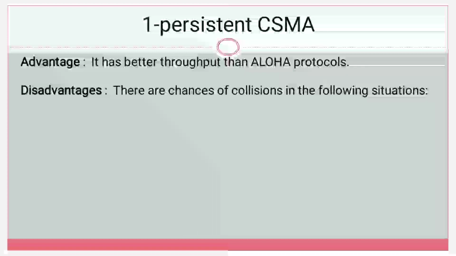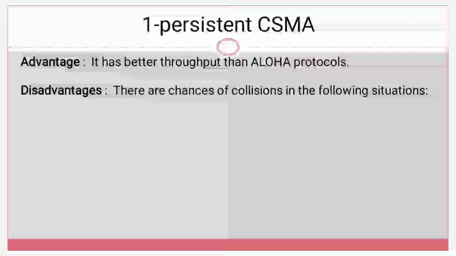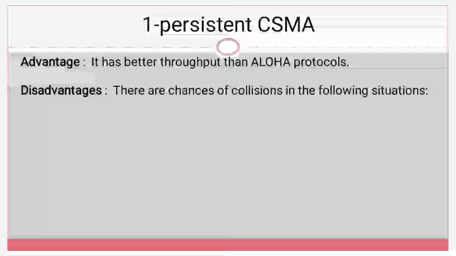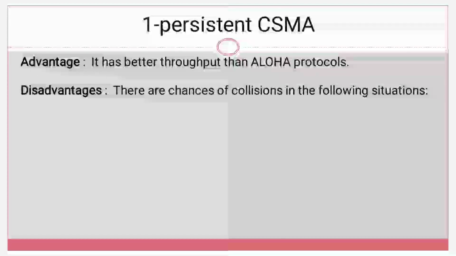One persistent CSMA has some advantages and disadvantages. The advantage is that it has better throughput than Aloha protocols. When compared to the Aloha protocols, by sensing the carrier, we reduce the possibility of collisions.